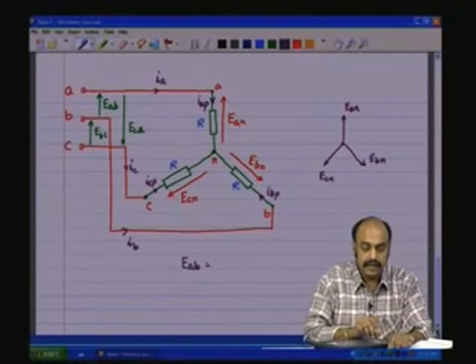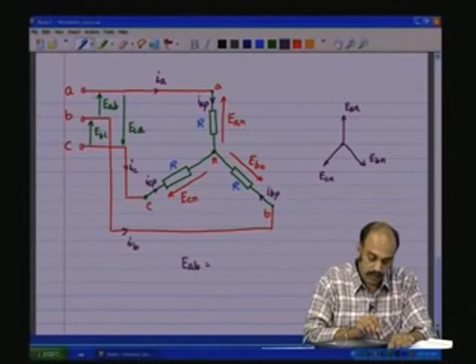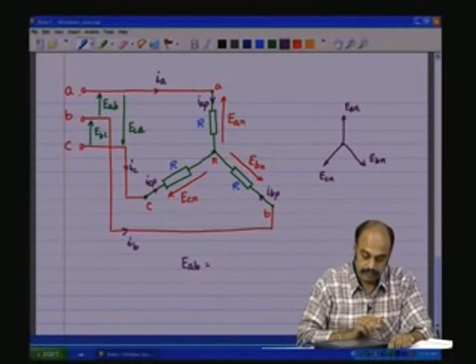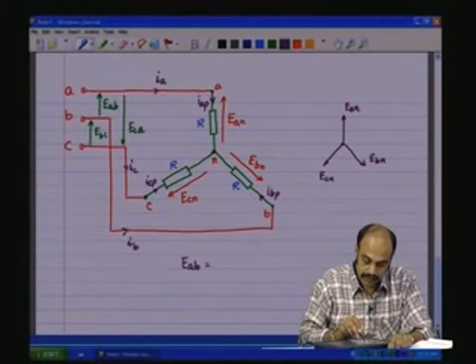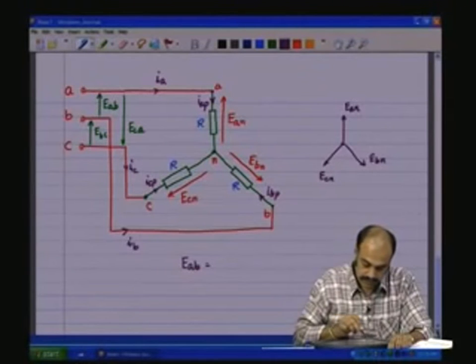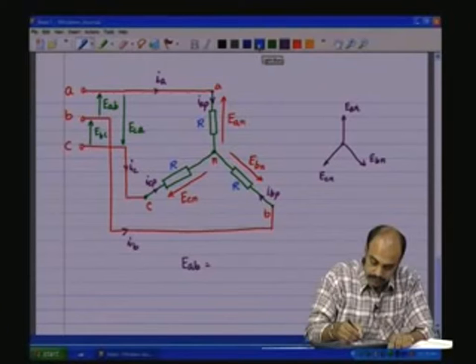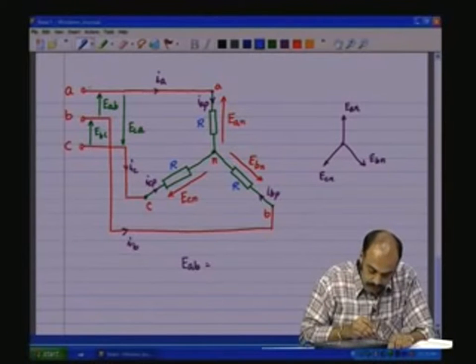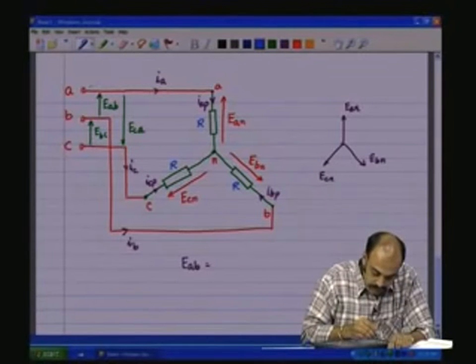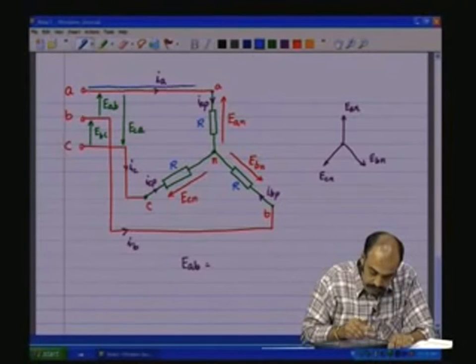EAB is the line voltage between line A and line B. Now, look at this portion of the circuit between A phase and the B phase, isn't it? So, let me draw this in blue.